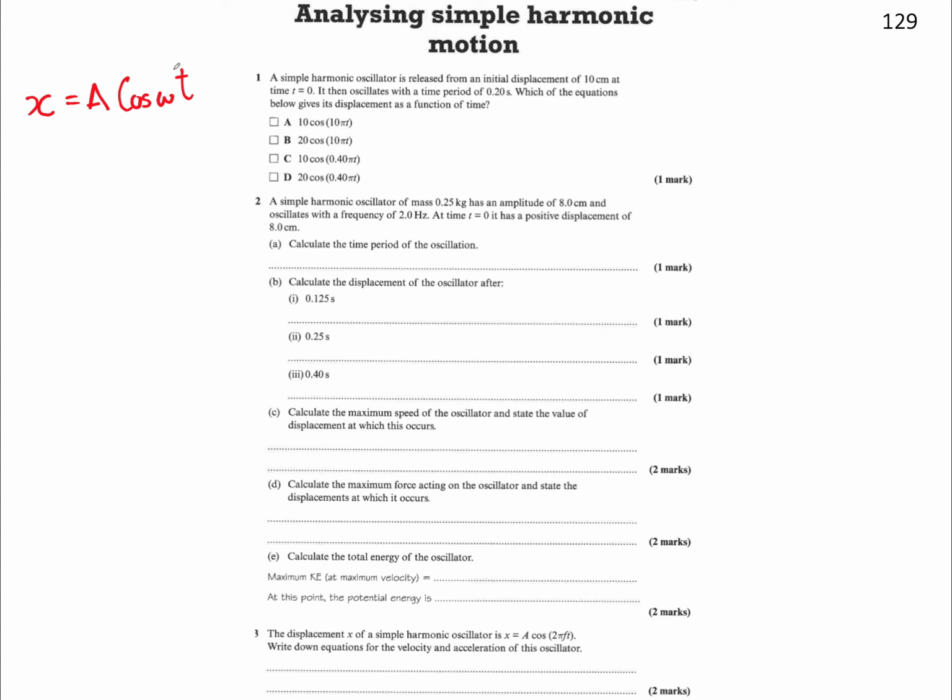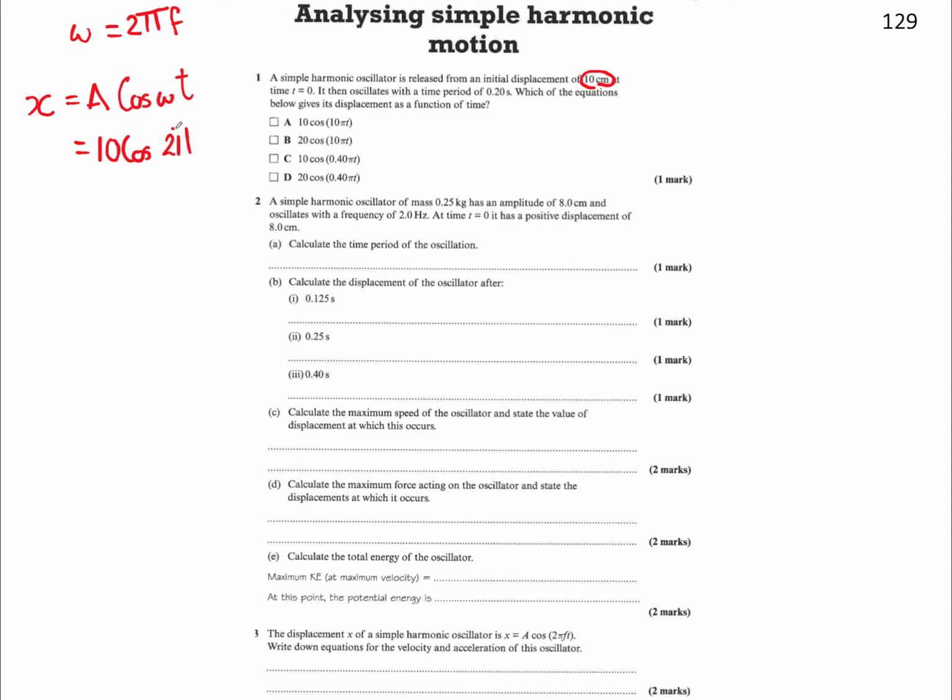Now you probably know that omega equals 2 pi f. Okay, so that's going to be very, very useful to us. So what is the maximum displacement? Well, the maximum displacement is 10 centimeters, so that goes there. The cos goes here. Omega we know is 2 pi f.